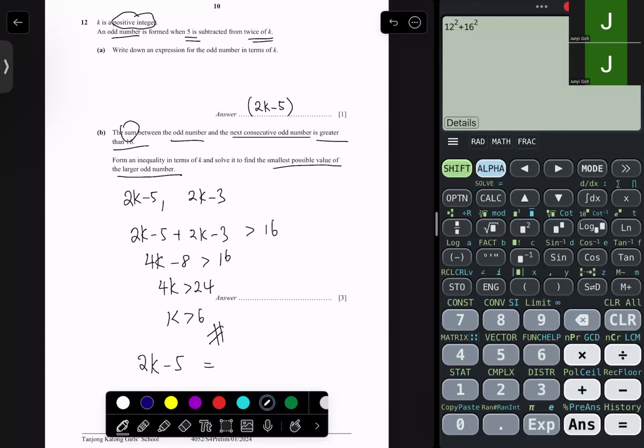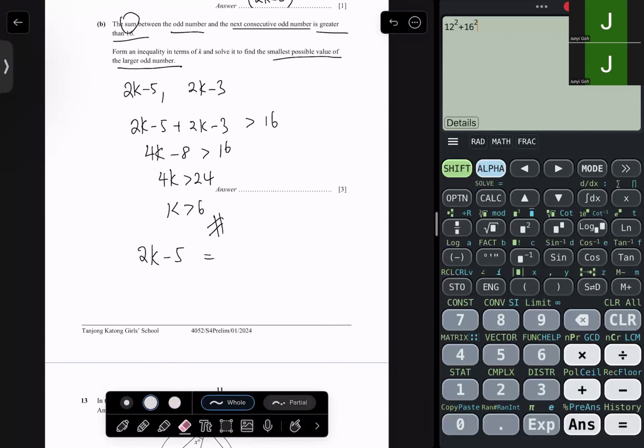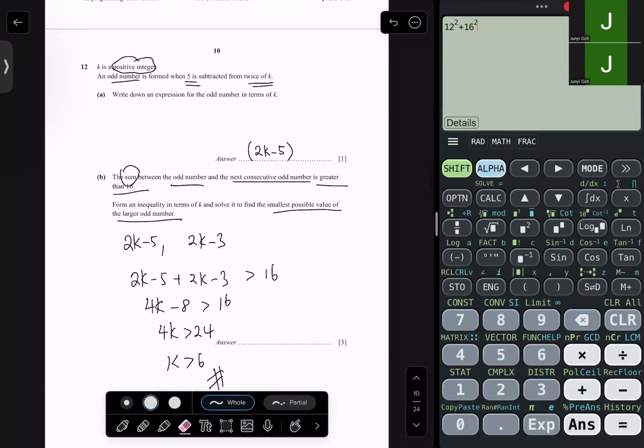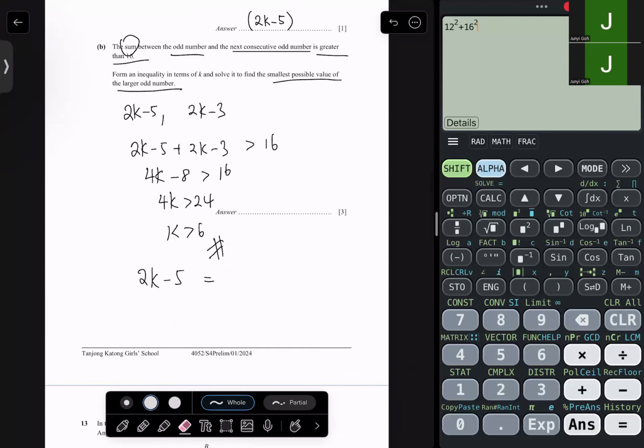2k minus 5. 4k must be greater than 6. Okay, so that means k could be 7, right?